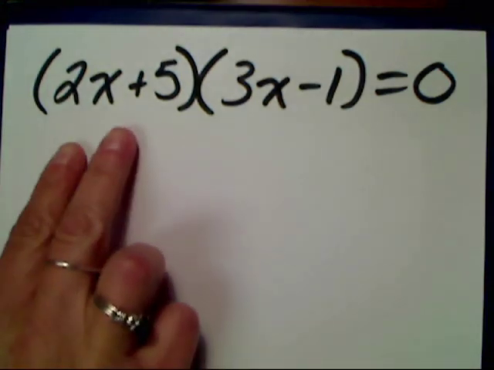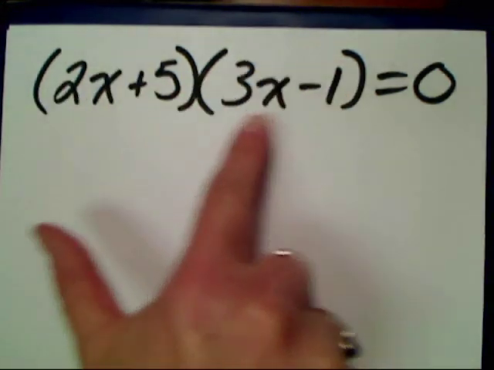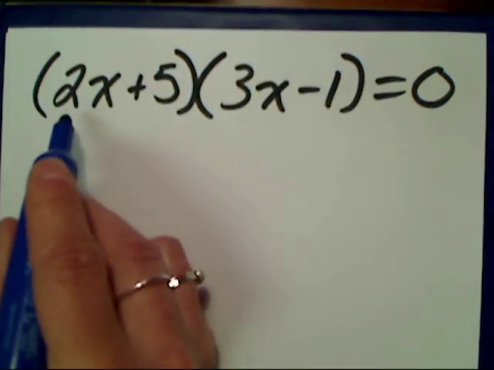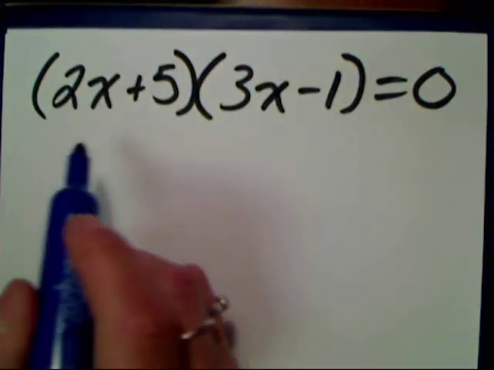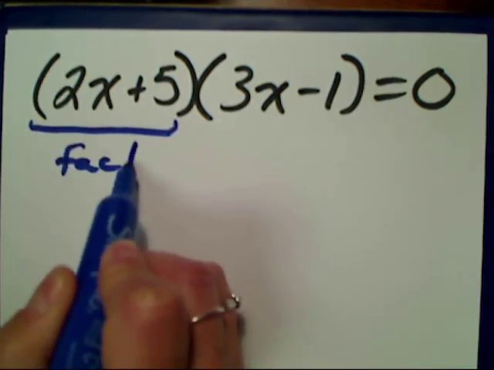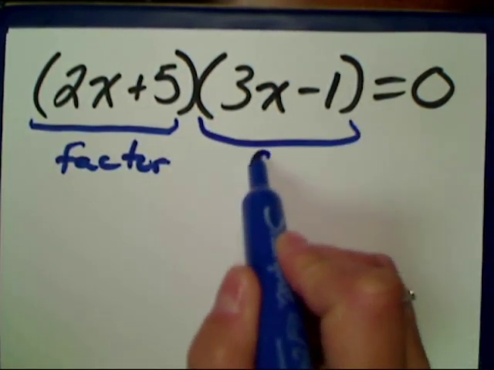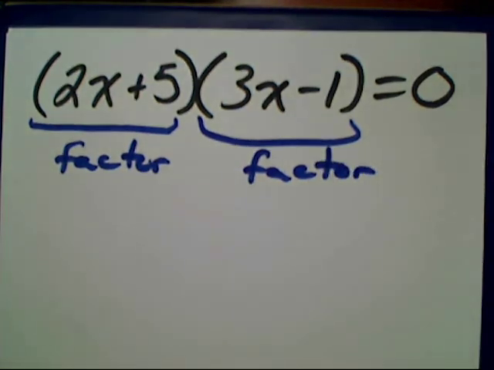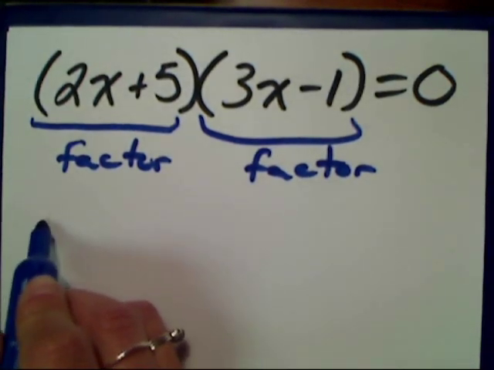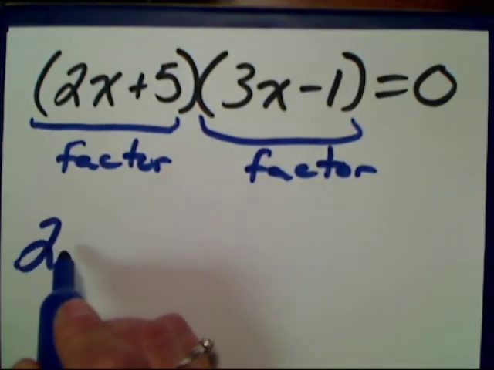So once I see that I have a quantity times another quantity equal to 0, I know that I can set the factors. Factors are the stuff being multiplied together. So this is a factor. This is a factor. I can set the factors separately equal to 0 and solve. That's the shortcut way of thinking about the zero product property.